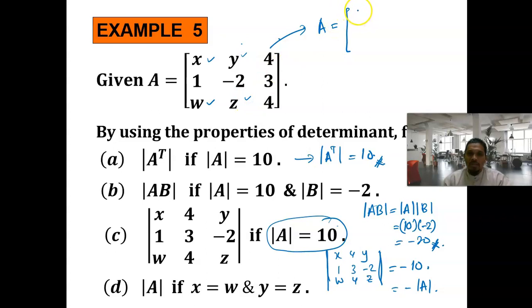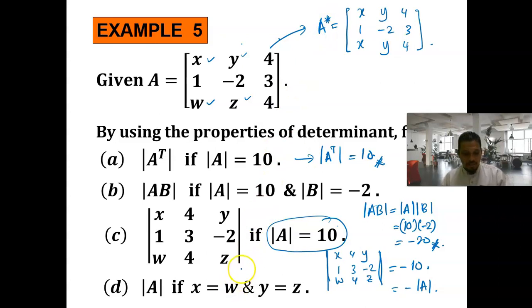So we get x, y, 4, 1, -2, 3, and x, y, 4. This is the new matrix A star.